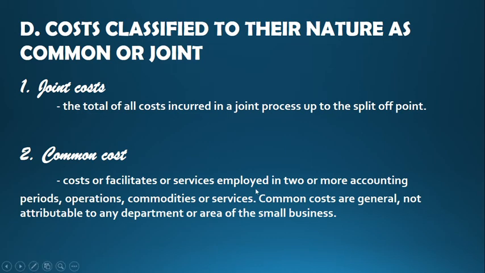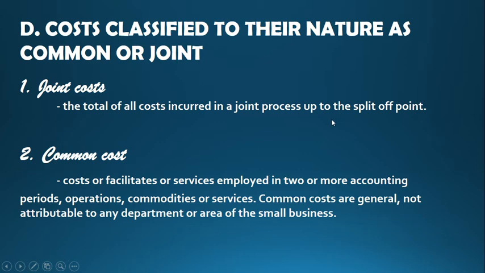The next classification is the cost classified according to their nature as common cost or joint cost. So joint costs are the total of all costs incurred in a joint process up to the split off point.